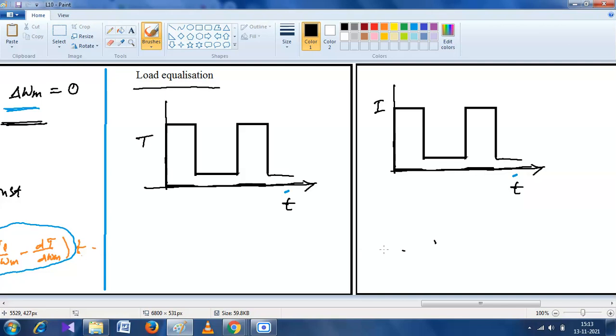What is the function of a flywheel? स्टोर करता है। वो एनर्जी स्टोर करता है। जब ज्यादा रिक्वायरमेंट होगा वो सप्लाई देगा, और ज्यादा एनर्जी आएगी तो वो स्टोर कर लेगा, यही ना? Yes sir.